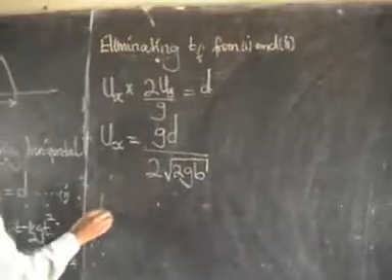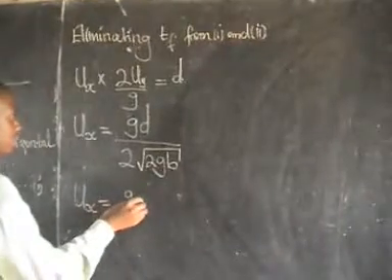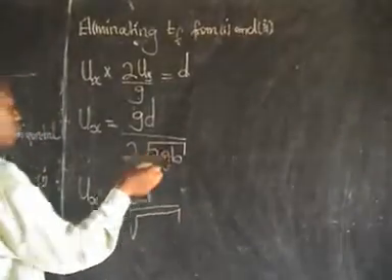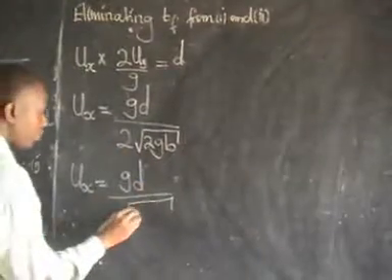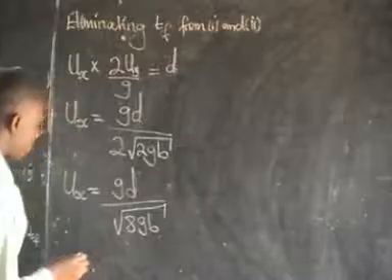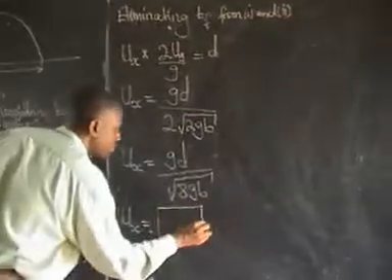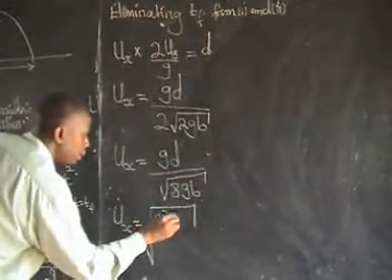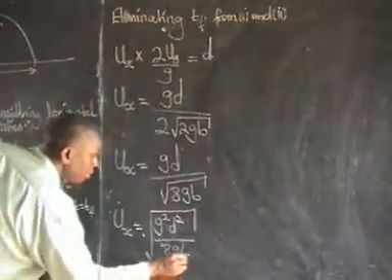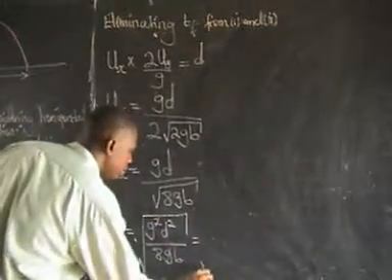So this is the same as having Ux is equal to gd divided by square root of, when this 2 enters the square root, you square it, then 4 times 2, you will get 8gb. Or you can have Ux is equal to the square root of g squared d squared divided by 8gb.